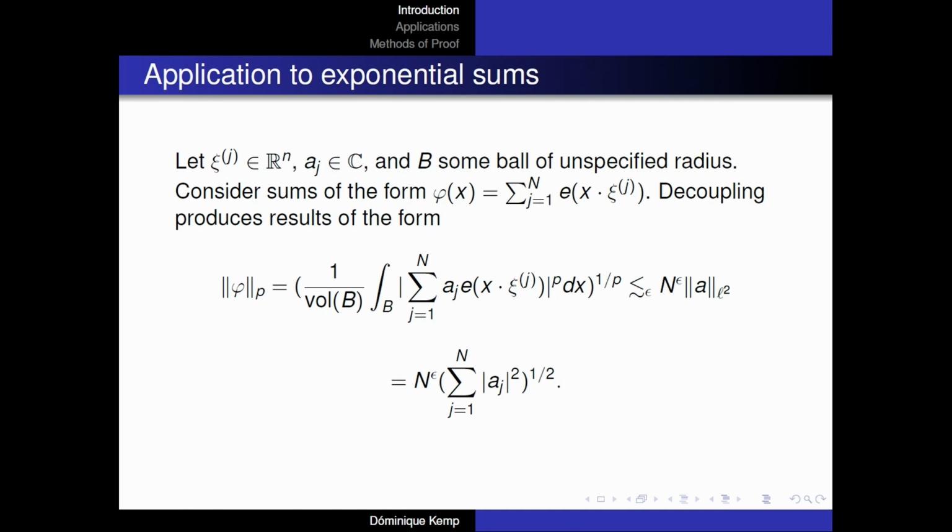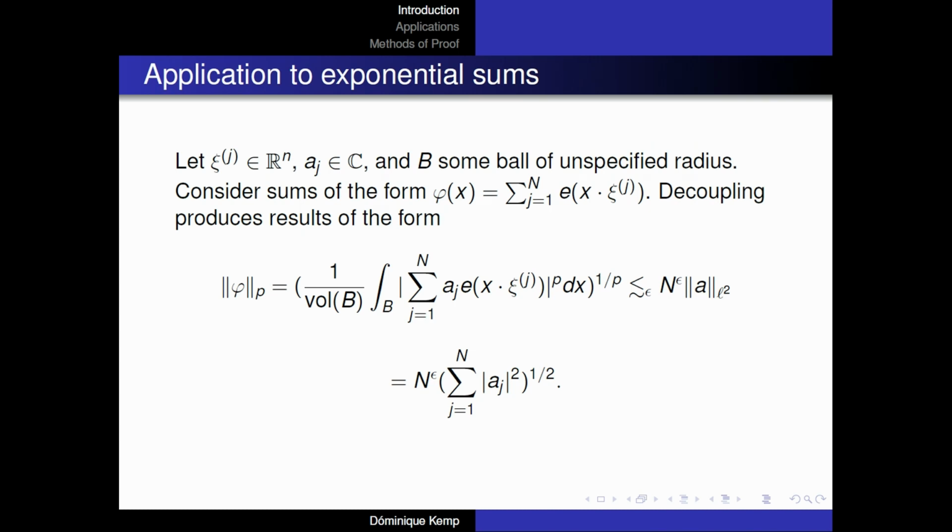But let's return to something that is more immediately pertinent to decoupling. Decoupling can be thought of in terms of exponential sums. They go hand in hand, and you take any sequence of points cj in Rn, corresponding complex numbers aj, and some ball B of yet unspecified radius.